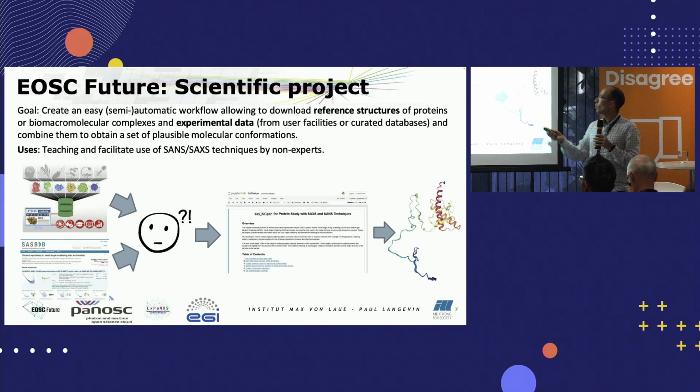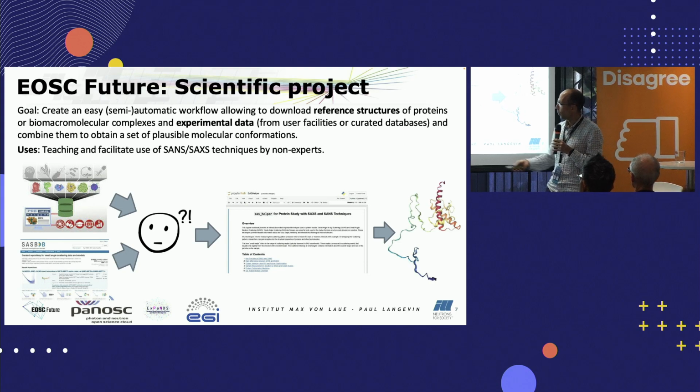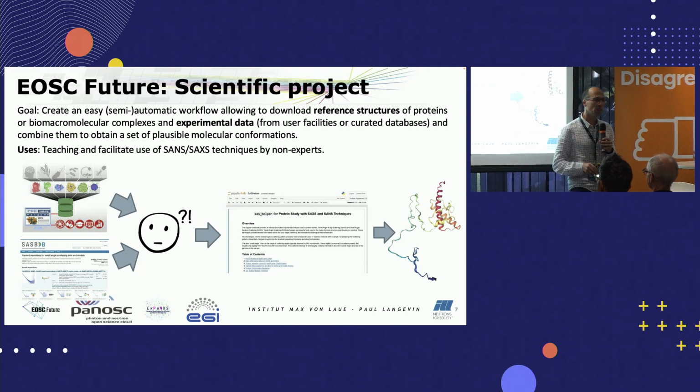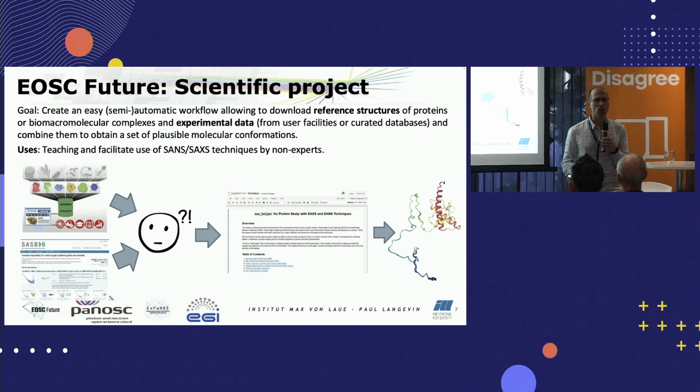It's quite often not the same structure that the protein adopts in solution, but it's a good starting point to start our modeling. The other important piece of information is that we already have a database of reduced data, which have been properly treated, properly analyzed. Basically, they don't depend on the conditions of the experiment or on the instrument, and we can already start to work directly with those data.